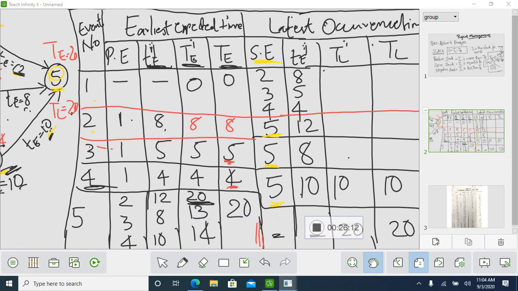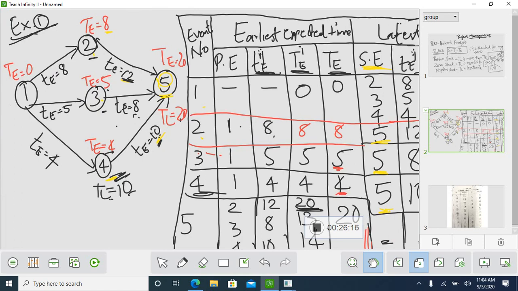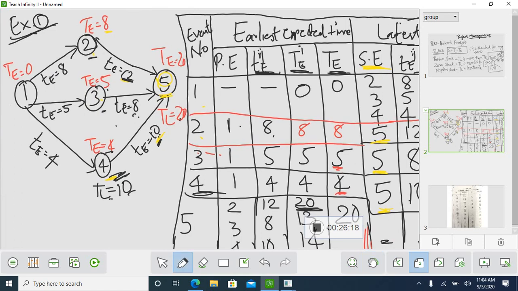Next. So if you take TL, what you will write? 20 minus 8 is 12. So if you take same here, TL, 20 minus 12, 8.